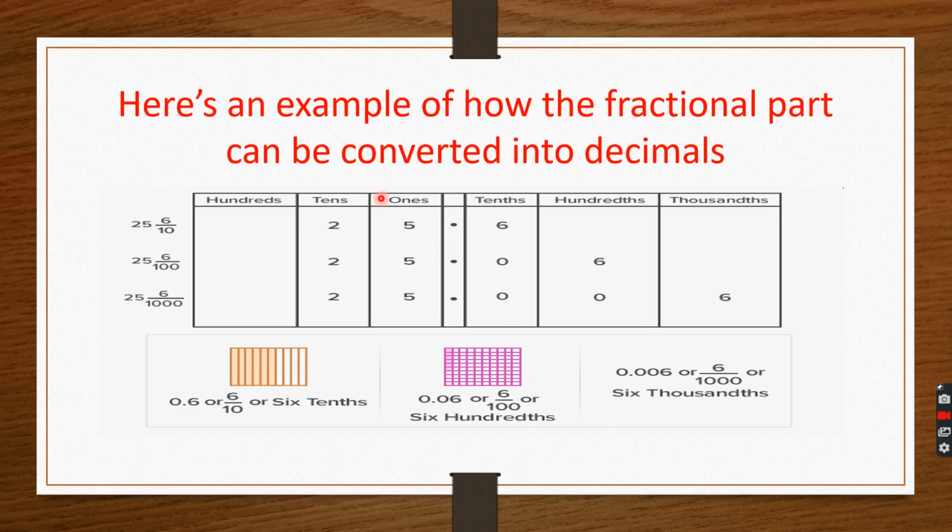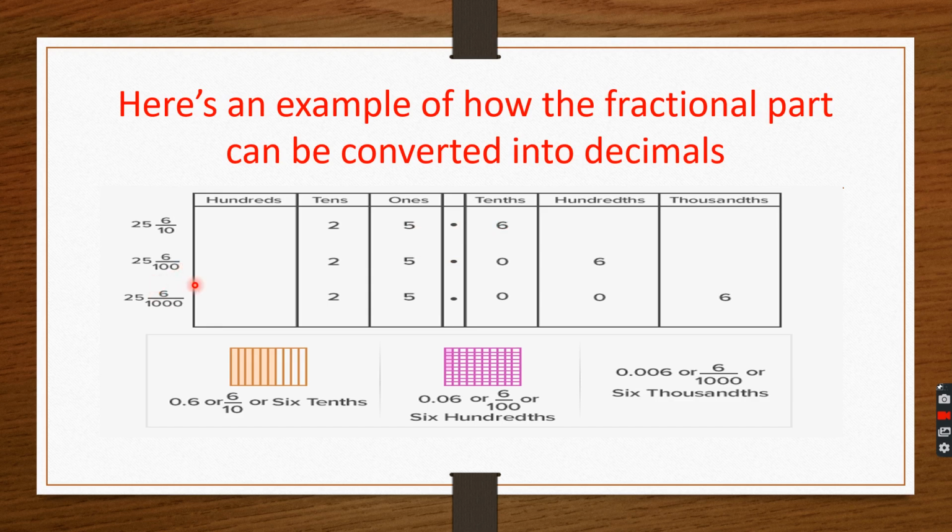Now see here, we can see how a fractional part can be converted into decimals. See, the number is 25 and 6 by 10. Now 25 and 6 by 10 can be written as 25 with the whole number part. After the whole number part we put the decimal and 6 by 10 is the decimal part, that is 25.6.